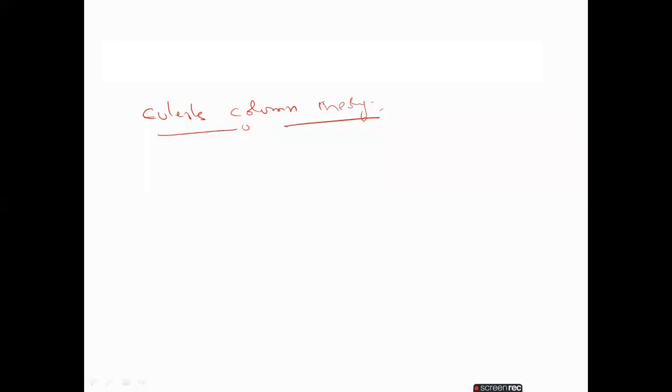Anyway, first we will take some assumptions in the Euler's column theory. So I will write the assumptions made in the Euler's column theory here.